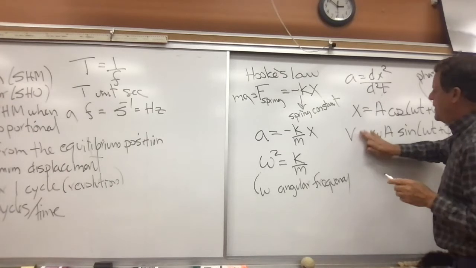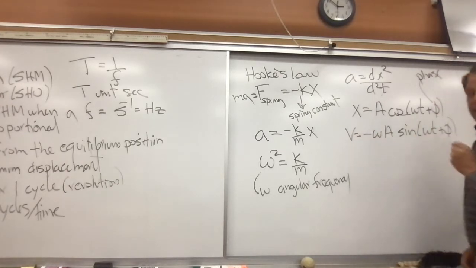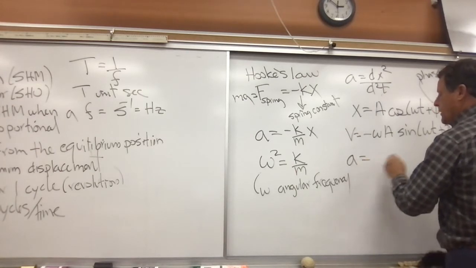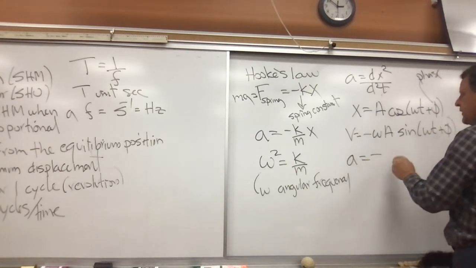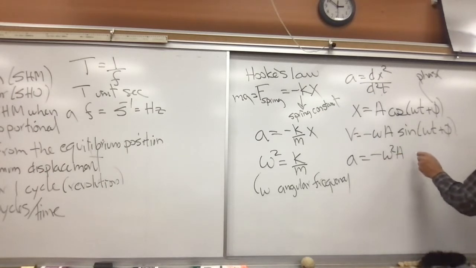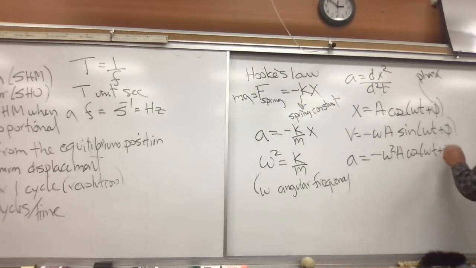And then if we want acceleration, we have negative omega squared A cosine of omega t plus phi.